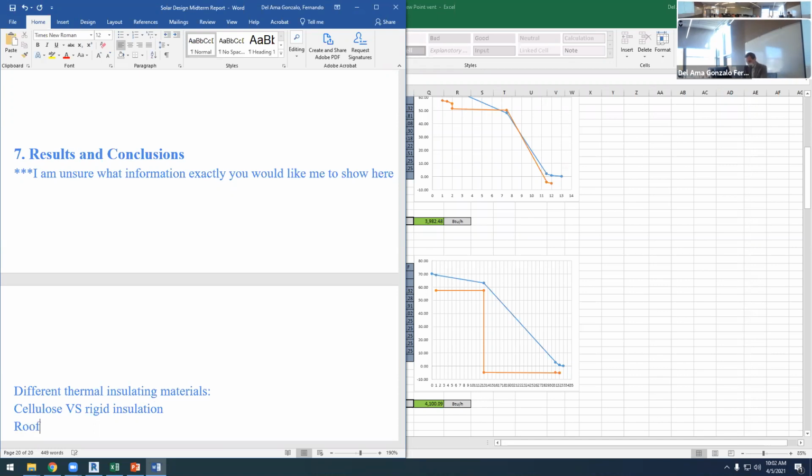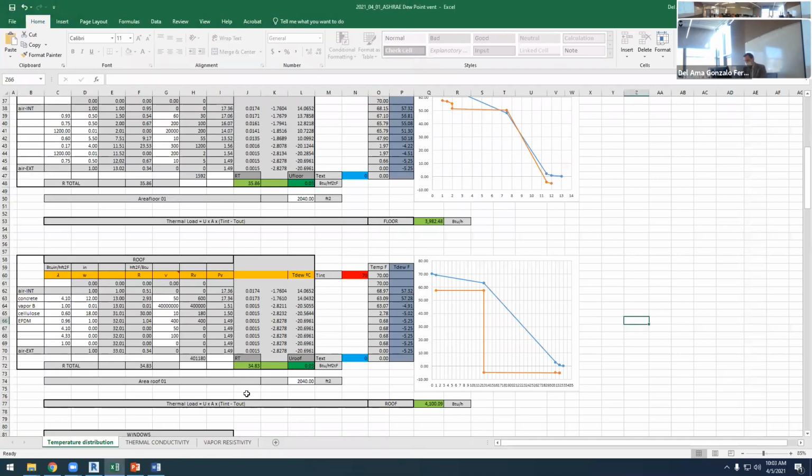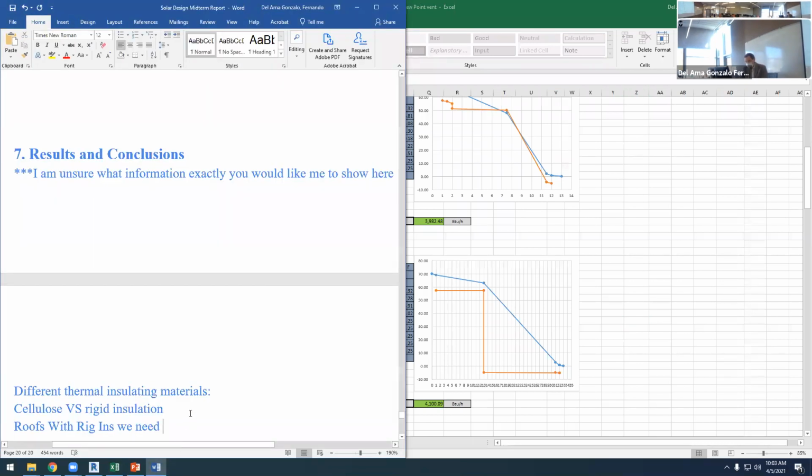In roofs with rigid insulation, we need 18 inches to meet the passive house standard.